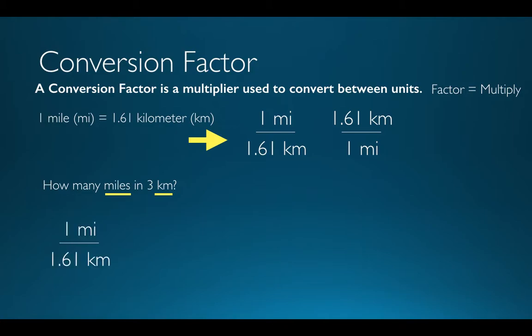So let me take that ratio and multiply it by 3 kilometers. Next, I have to cross out or cancel out my kilometer labels. I'm going to keep the numbers. I'm just going to cross out kilometers on the top and the bottom. They cancel each other out. I'm left with, on the top, 1 mile times 3, and on the bottom, 1.61.